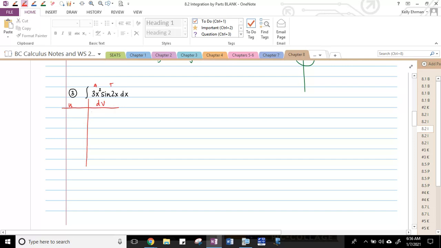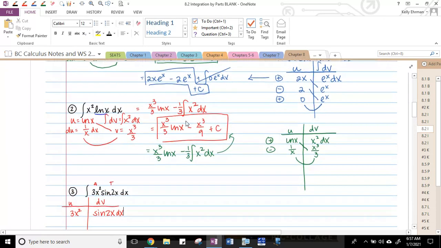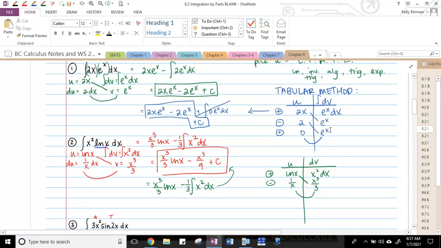So u needs to be the algebraic expression, and trig needs to be the dv. The good news about that is when u is algebraic, remember we just take derivatives until we get 0. So it makes things easier because it means that you shouldn't end up with an extra integral. When you have that 0 on the end, there is no final integral to solve.